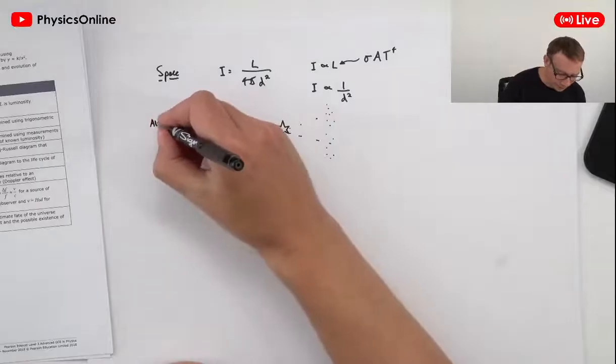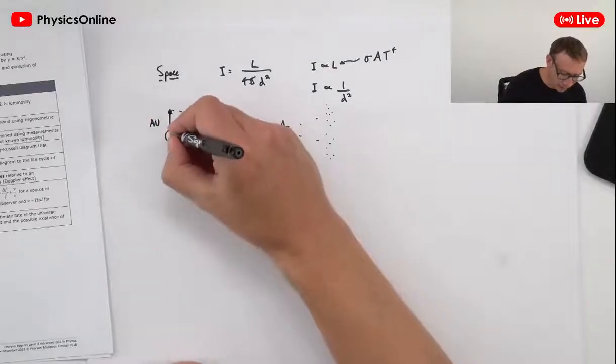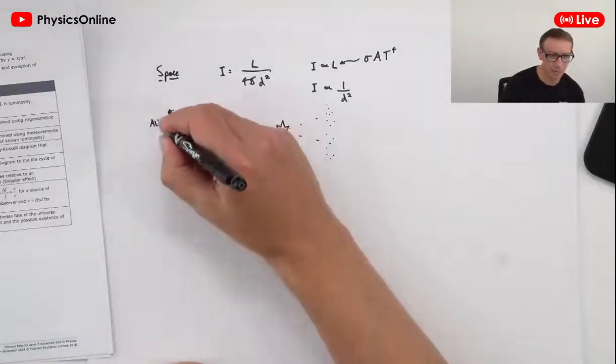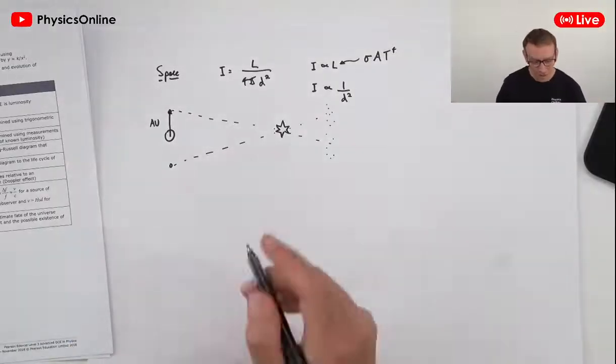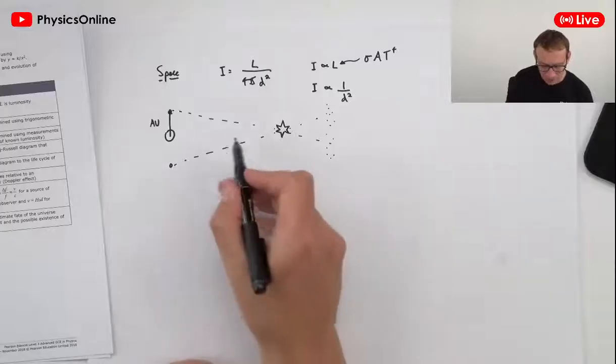Now the mean distance between the sun and the Earth is 1 astronomical unit, I think 1.5 times 10 to the 11 meters or something. And of course we wanted to measure the distance out there.